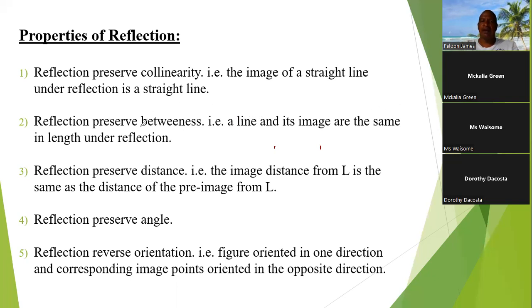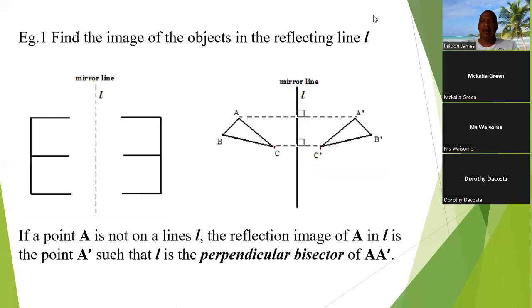So it preserves betweenness. So if you go from here to the mirror line, then this line from the mirror line to here will be the same length. So it preserves the same betweenness from the mirror line to the image.